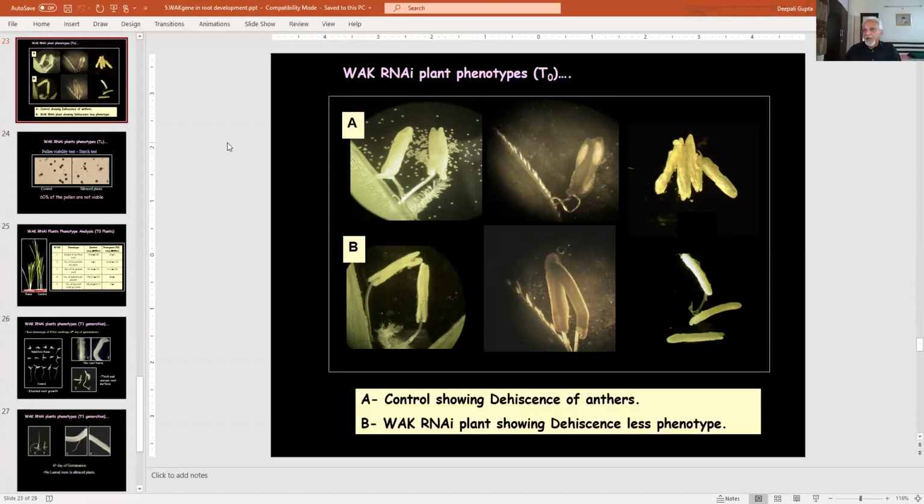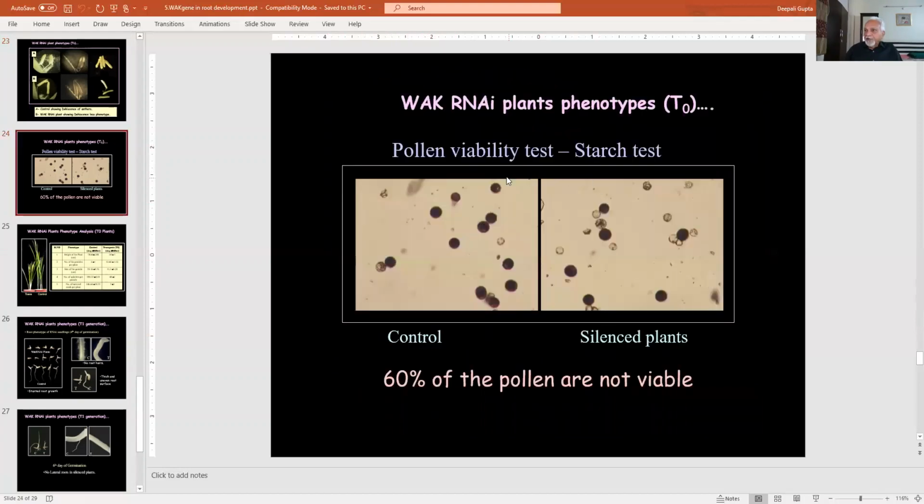And then the next question which we looked at: these pollens, when they are released, what is the viability? So viability of these pollens was checked, and it is very interesting to know that 60% of the pollens were not viable in the silenced plants as compared to control.